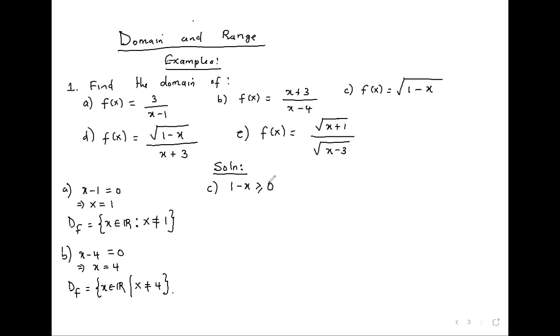Then you solve for x. So you have -x is greater or equal to -1, divide by -1, divide by -1. So we get x is less or equal to +1. The rule of inequality: if you divide or multiply by a negative, the inequality will change.